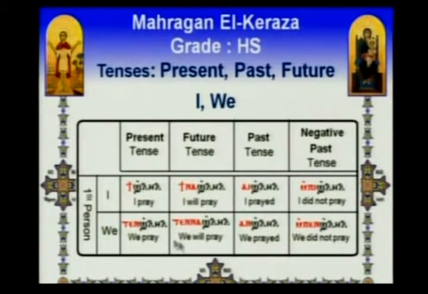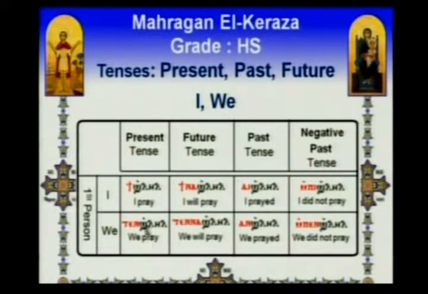So in this slide here, we have the I and we, which is the first person, the one who is speaking, whether it is singular, I, or plural, we. How do we say I pray, or how do we say we pray? I pray is ti eshlil. We pray, ten eshlil.